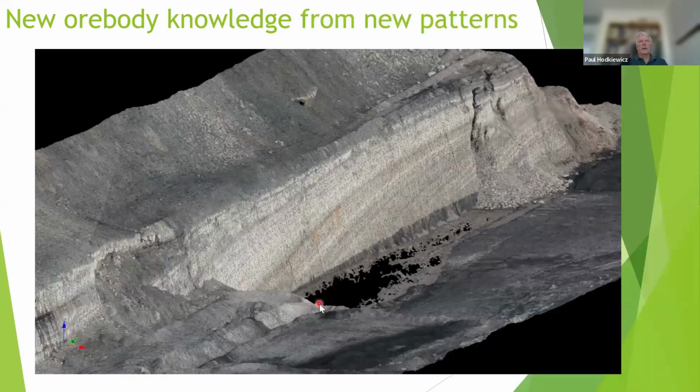So here's another example, and this is from information from the BlastDog downhole tool that I showed in the previous slide. And this is a LiDAR scan of a high wall in a coal mine, open pit coal. Here's the coal seam, and you can see all the sedimentary features, the cross bedding, in the LiDAR survey from this high wall.